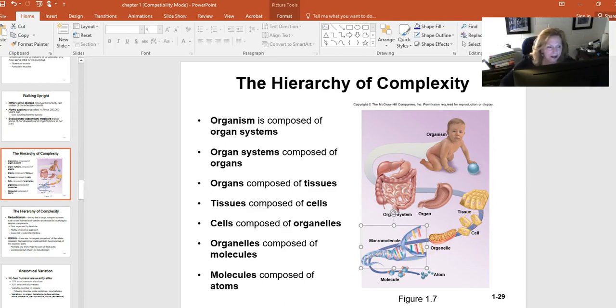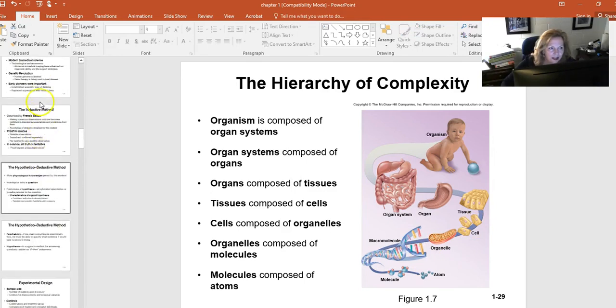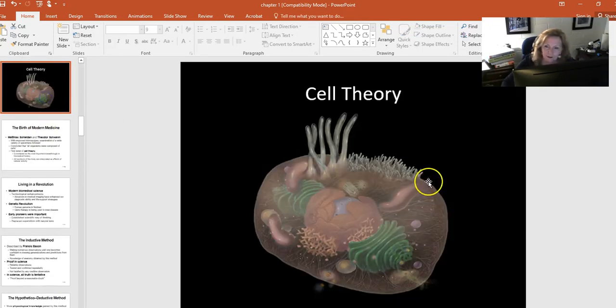So let's get back to the cell theory. I want you all to know that the cell theory is a scientific theory, and I'm going to talk about that in a second. The cell theory states two major premises, and this is me paraphrasing. You can read more about this, but I do need you all to have the gist of these two premises.